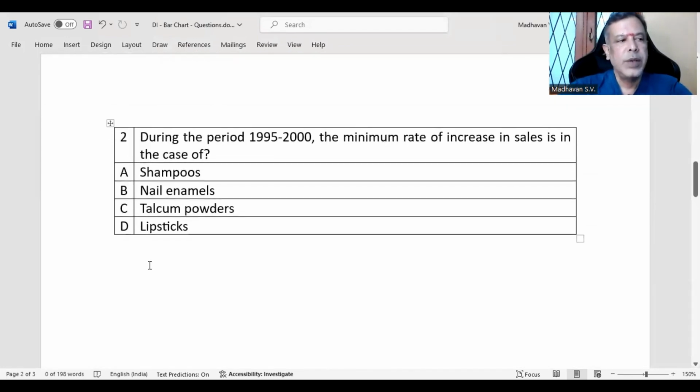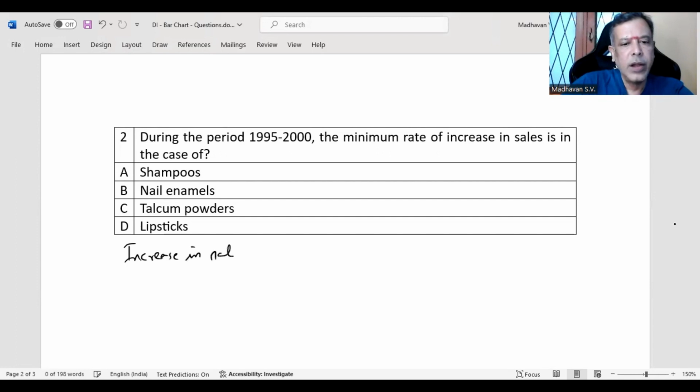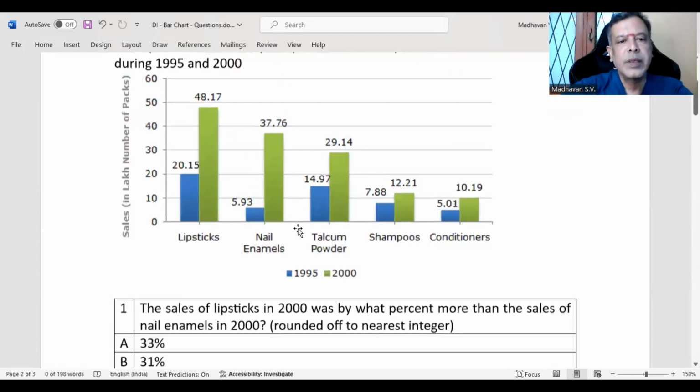Second question. During the period 1995 to 2000, the minimum rate of increase in sales is in case of which one? So for this, what we have to do is for all these products, we need to identify how much is the increase in sale. So first one, increase in sale of shampoos in terms of percentage will be, so let us go and see the graph.